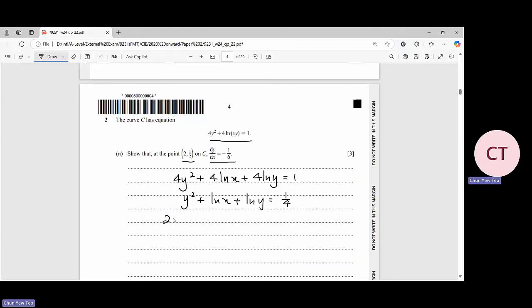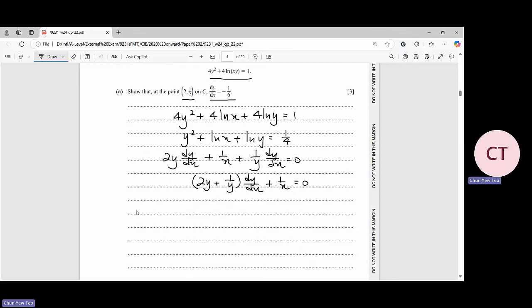Now you apply implicit differentiation. It will be 2y dy/dx plus 1 over x plus 1 over y dy/dx equal to 0. Join all the dy/dx together. Then we substitute at this point, 2, 5.